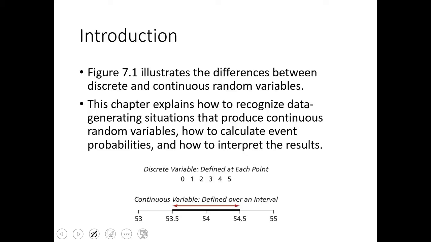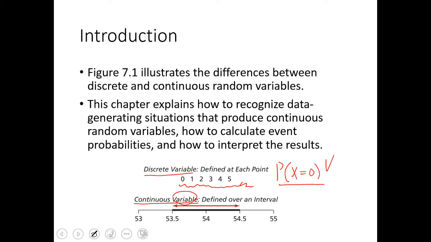In a discrete random variable, we may have a domain of 0, 1, 2, 3, 4, 5, and we can consider that x is 0, so this kind of expression is meaningful.